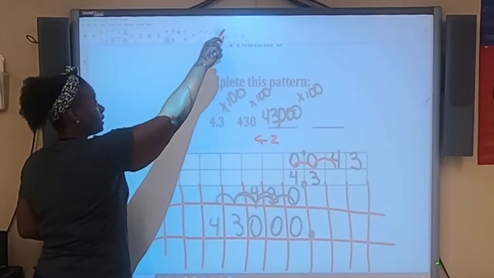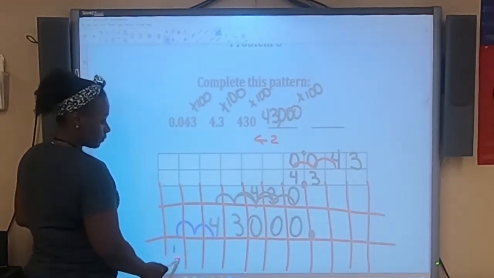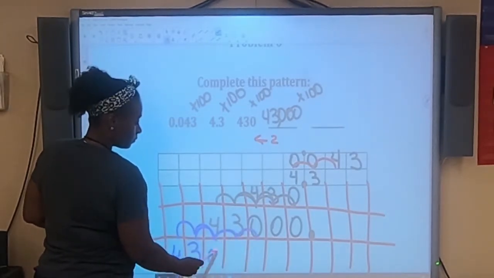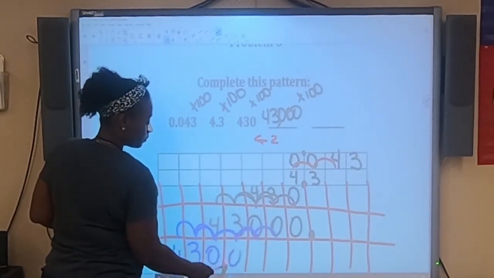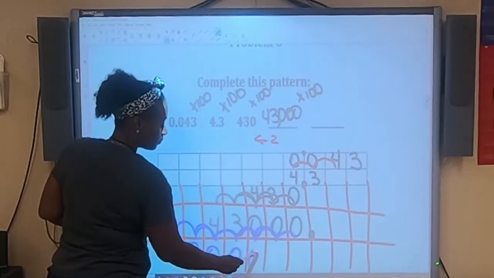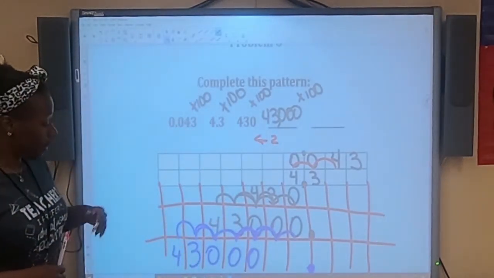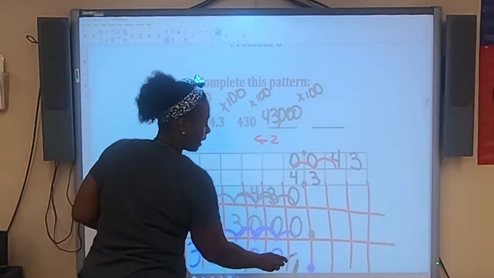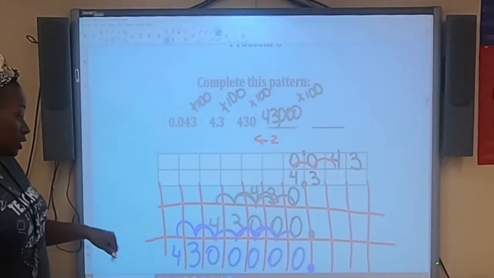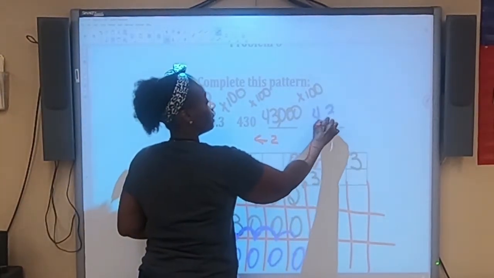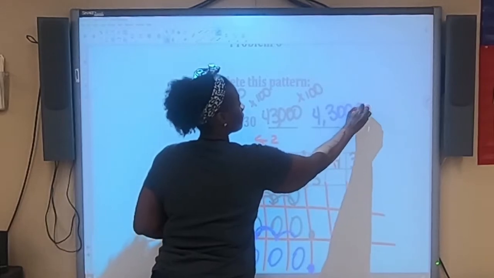So I'm going to take my digits and move them 1, 2, 1, 2. Notice I'm not at my decimal, so what do we need? Placeholders. So I'm going to add my 2 zeros, which now gives us 4,300,000.